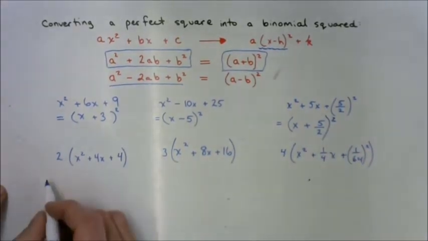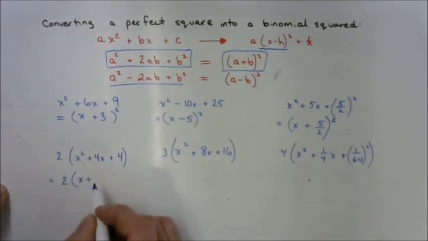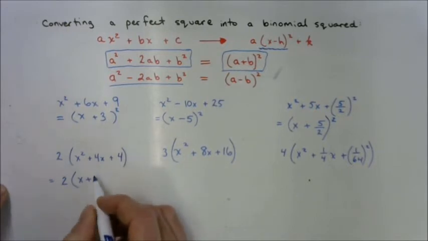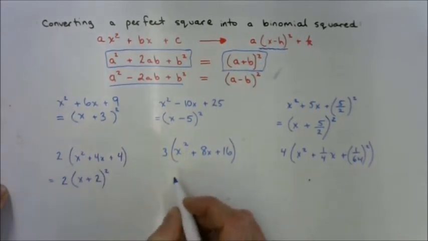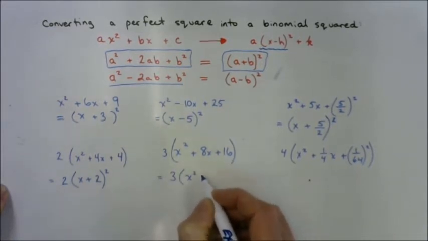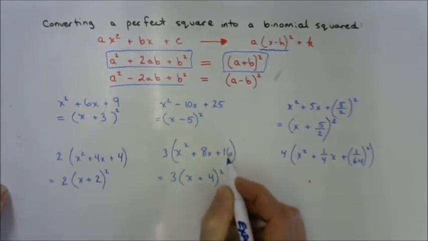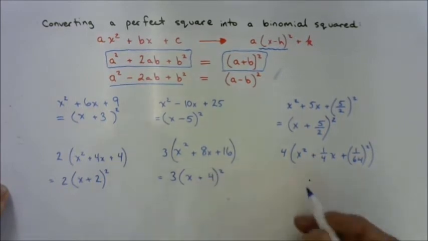So that one's done. Here I leave my 2 on the outside as a multiplier. X plus the square root of the first term, the square root of the last term. X plus 2. And don't forget your little squared. This guy, leave the 3 out. X plus 4 squared, right? Square root of this. Or you could think of it as half of this.